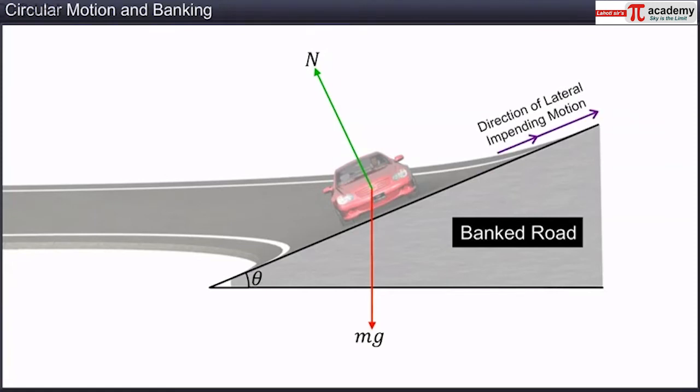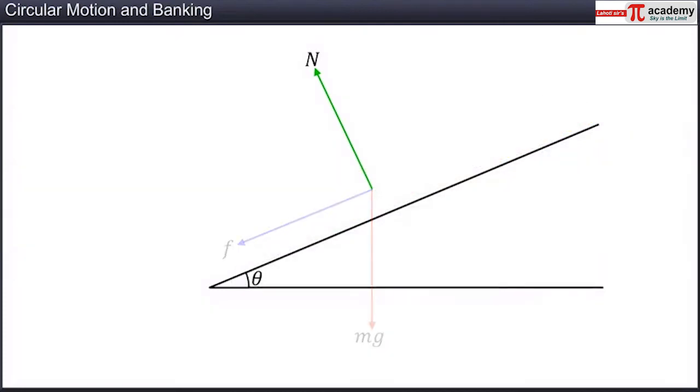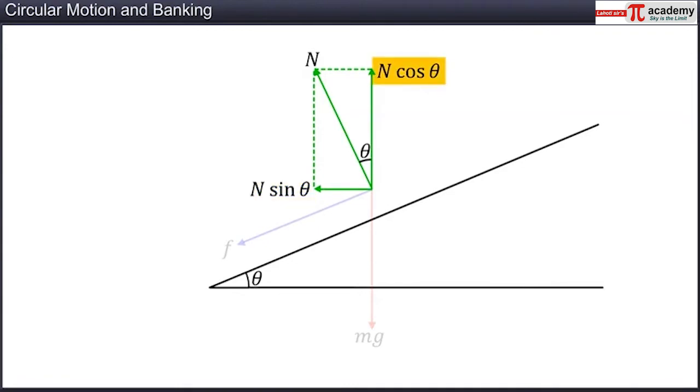The impending motion of the car in the lateral direction is away from the center of curvature. The frictional force, F, acts opposite to this direction, that is, down the lateral slope. We can resolve the normal reaction, N, into its horizontal component, N sin theta, and vertical component, N cos theta.